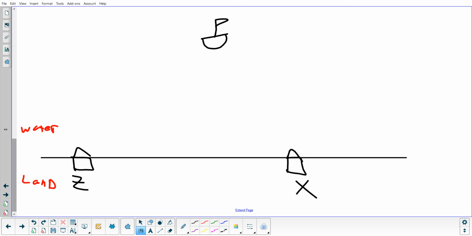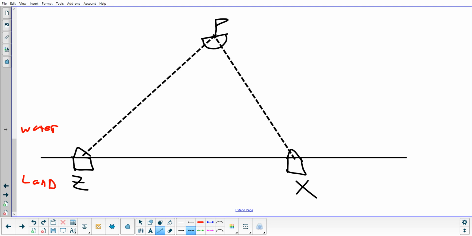And they each see the same light on the boat. So let's put a dotted line in that's pointing right at the light on the boat. Say the light is right there. You can see it doesn't necessarily make a 90-degree angle. It would be very, very rare if it did.